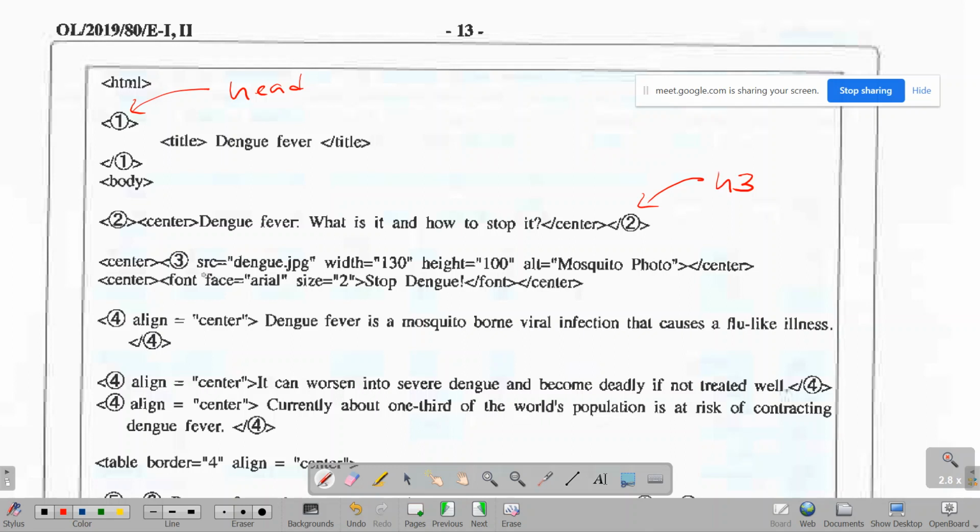And since the third one has src, width, height and alt attributes, it is about the image, so 3 stands for img, to indicate the image tag. And the fourth one is a paragraph that we got, so the fourth one can be named as the p tag.